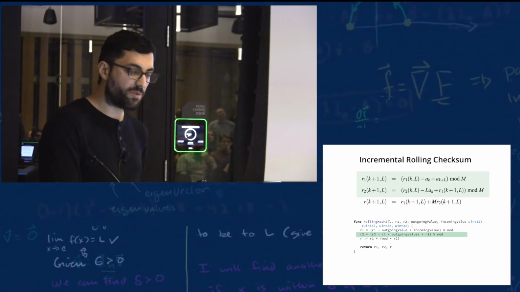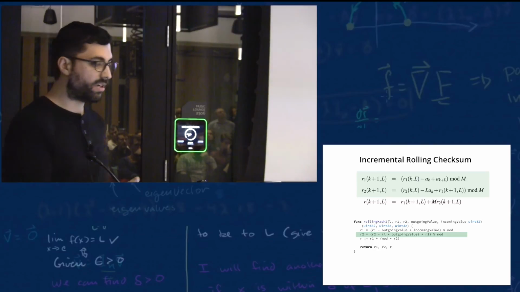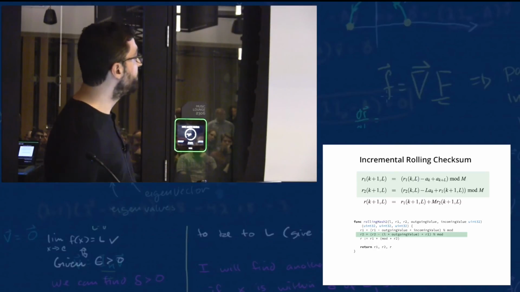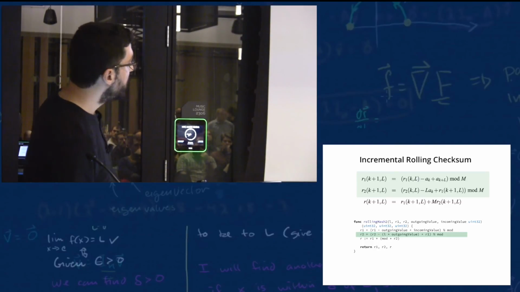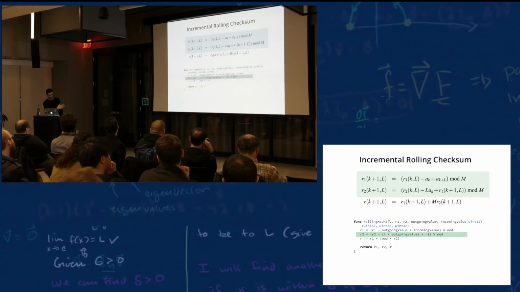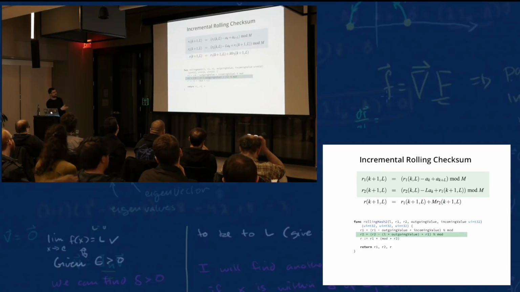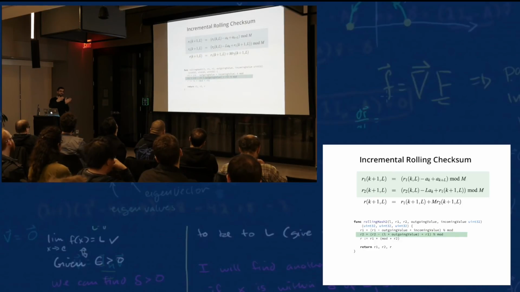For R2, we do the same. We remove the position-dependent calculation for the outgoing value, and we add the new R1, which is still position-dependent. The reason we don't see the index is because it is actually L minus 0, since the byte value coming out of the window had index 0 in the previous block.